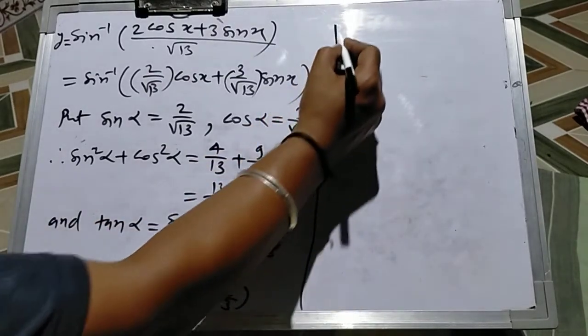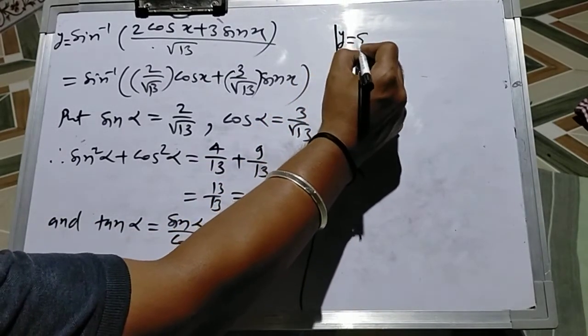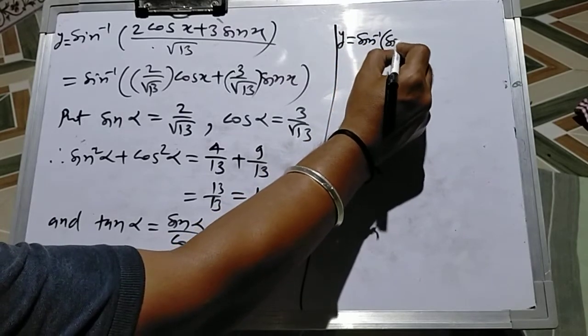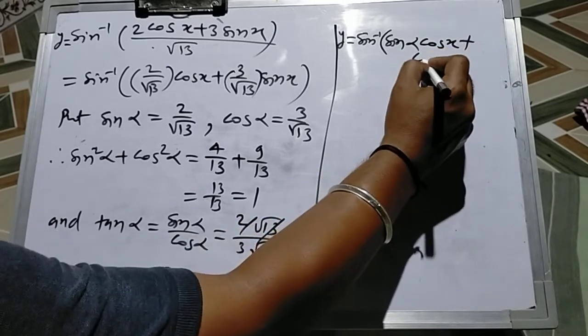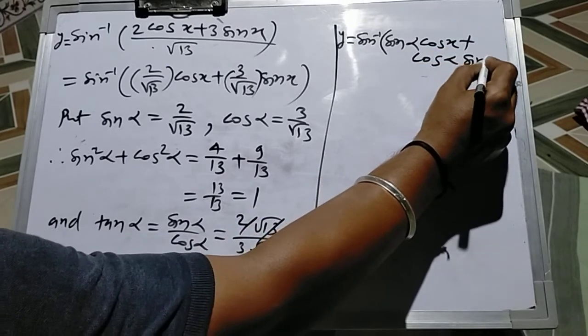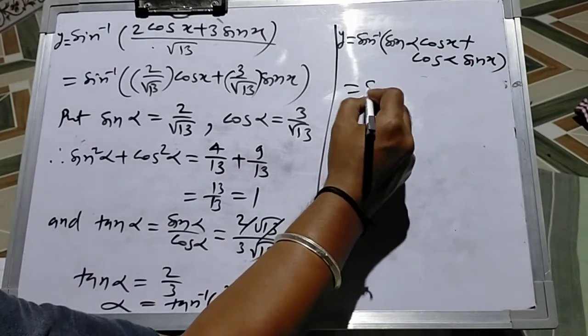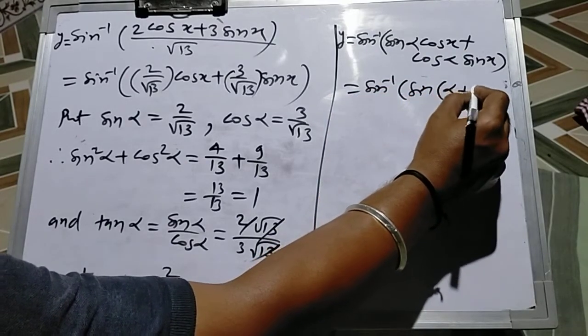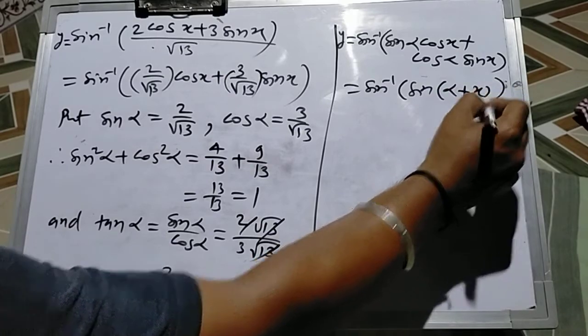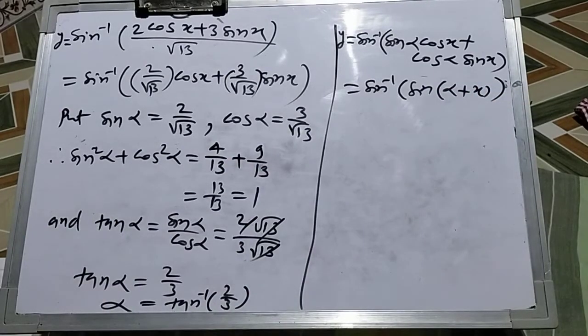So here y is equal to sin inverse of (sin alpha cos x plus cos alpha sin x), which is equal to sin inverse of sin (alpha plus x), using sin(a plus b) equals sin a cos b plus cos a sin b.